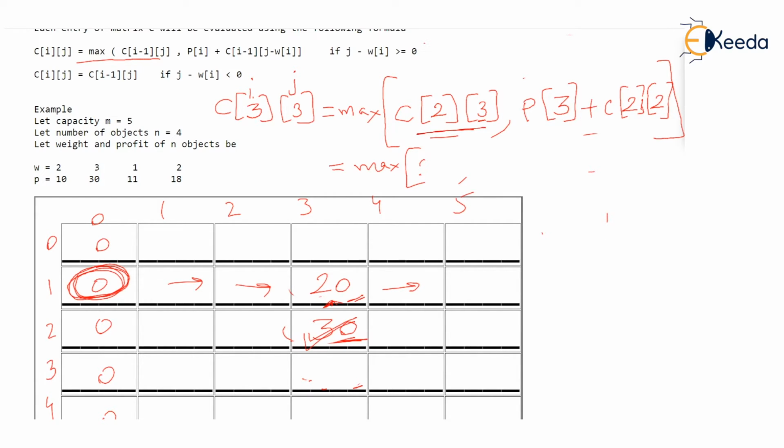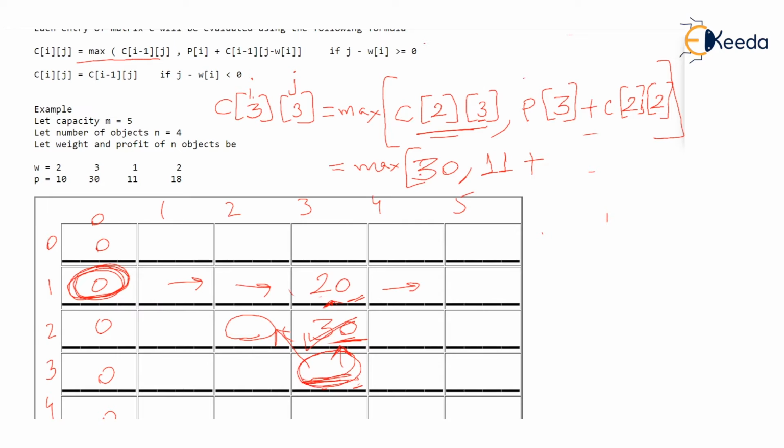Observe. So to find this, we have to know what C23 is. And come on, you know from our discussion that C23 was already found before finding C33, and that was 30, comma. What is the profit of the third object, P3? Observe the data, it is 11 plus C22. Now, what should be C22? Actually, C22 was also found before we start finding this element C33.